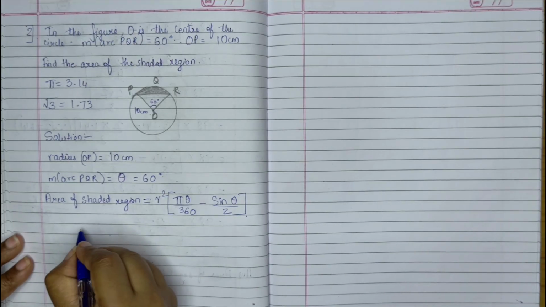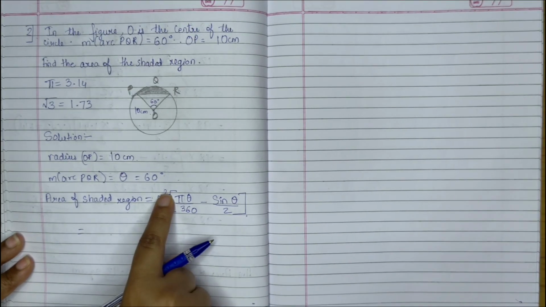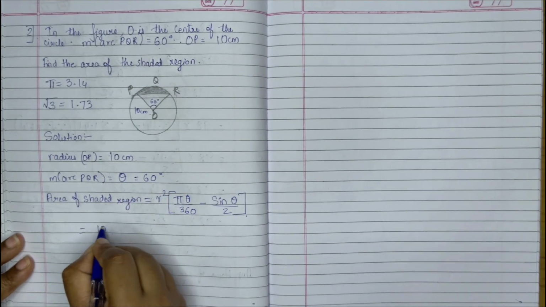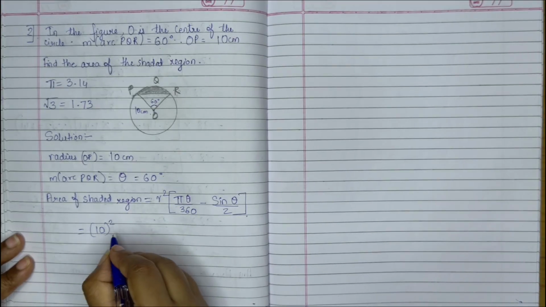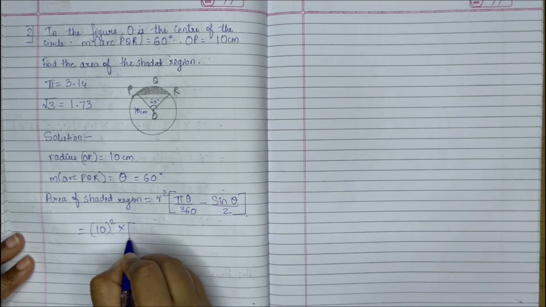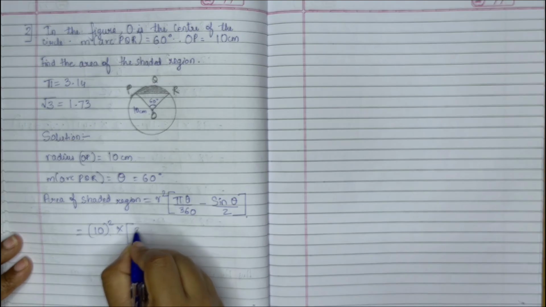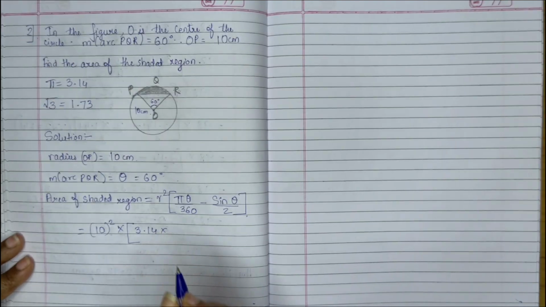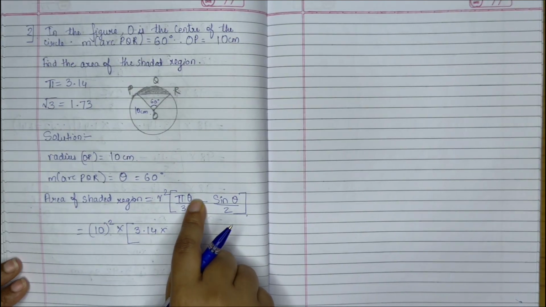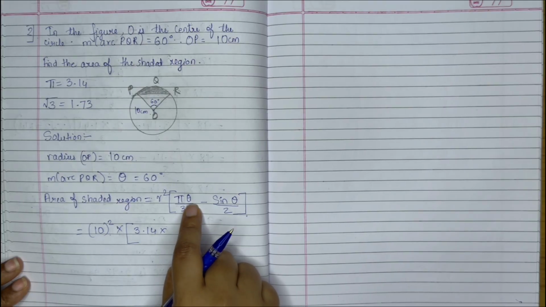After that we will substitute their values. r squared is 10 squared, and then put the bracket: pi, 3.14, multiplied by theta. Theta is given as 60.